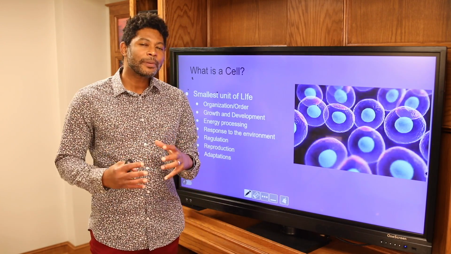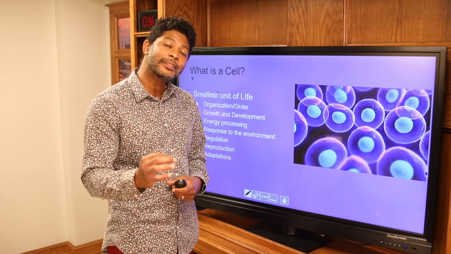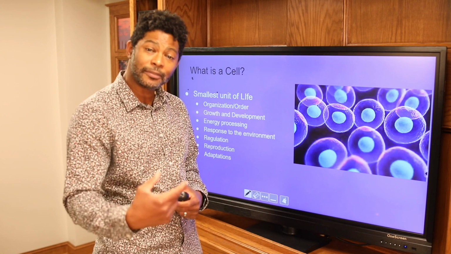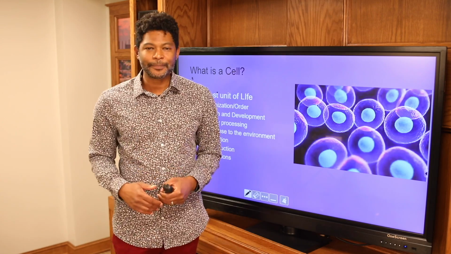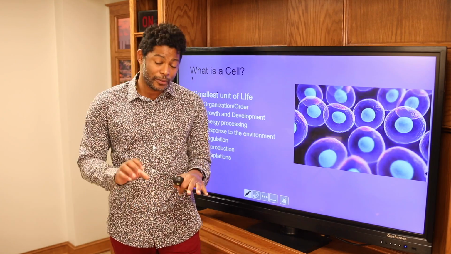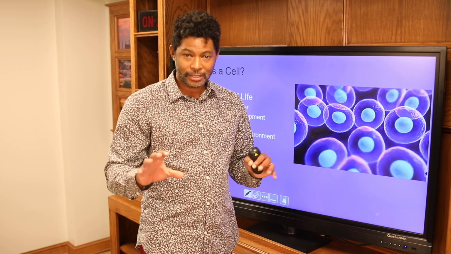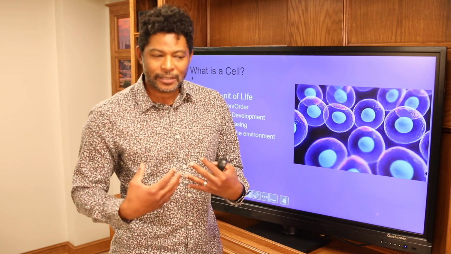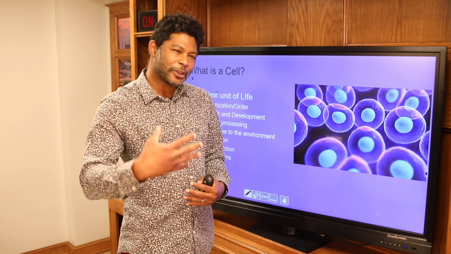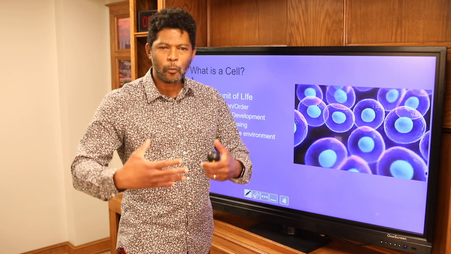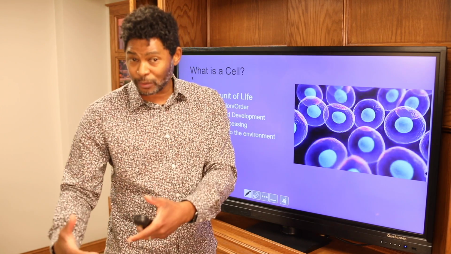Now, when we talk about a cell being the smallest unit of life, here's the thing. If you open up a dictionary, if you Google life, you're going to get a bunch of different definitions. For scientists, when we talk about life, we have to talk about the characteristics of what living things do that other non-living things don't do.